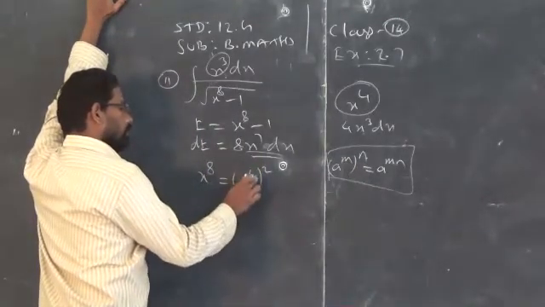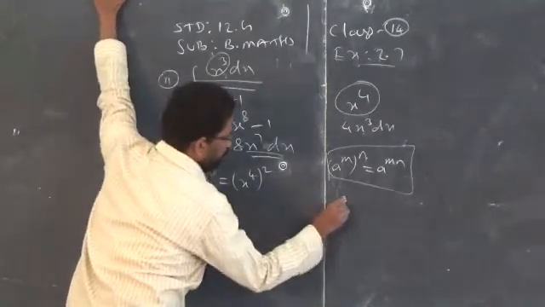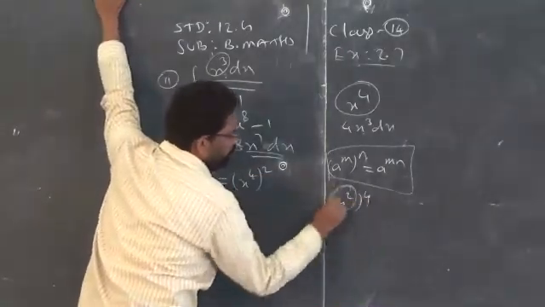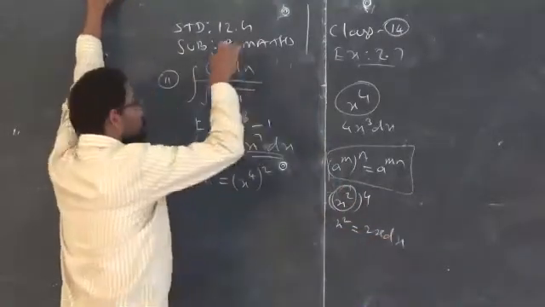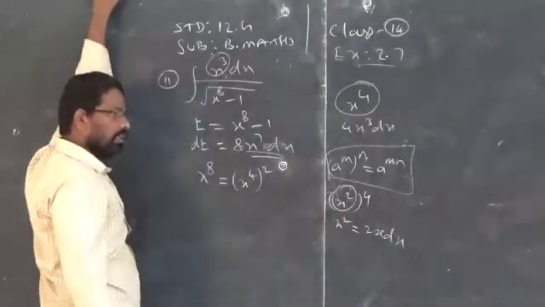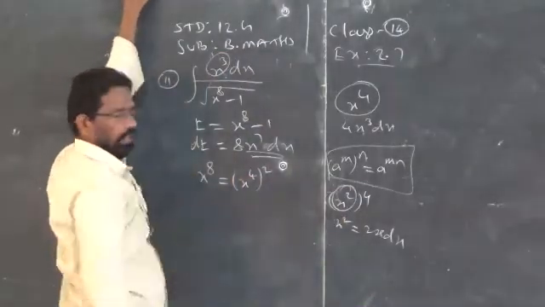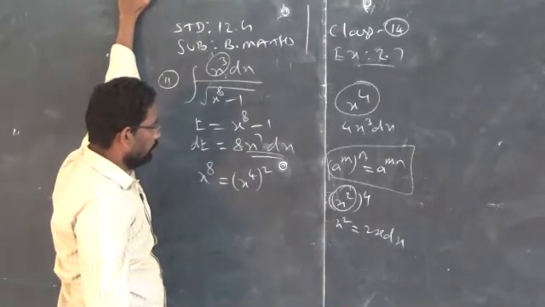If you write x square the whole to the power 4, then you never get x cube. If you differentiate x square, what will be the answer? 2x into dx, but I need x cube. So you don't write like this, you have to write always 4 inside the bracket, then square outside. Clear, not clear?